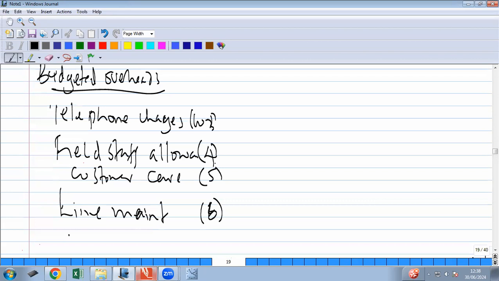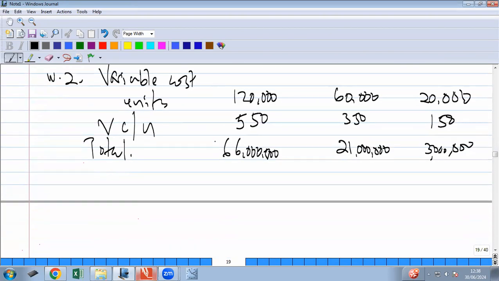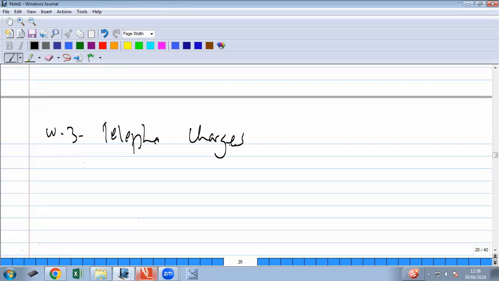Okay. We can now proceed to do working number 3, telephone charges. Now, if they have not given us the rate per call, that means we're supposed to do the overhead absorption rate, and we compute so that we multiply this rate with the telephone calls we have.